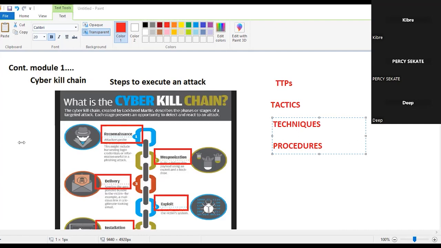After it comes the technique, the second stage, where we decide what attack surface we are attacking, what our attack vector will be, what our payloads and malware kit will be, and how we are going to deliver it. And the procedure is how we are going to bring this planning into action. So these are the three TTPs which are really important to follow to maintain a cyber kill chain.